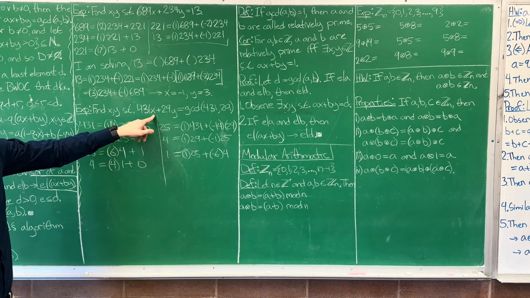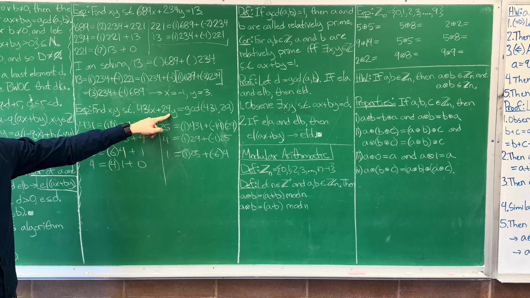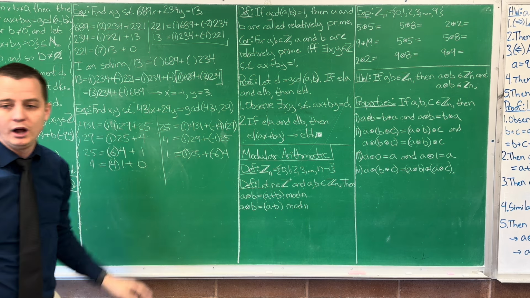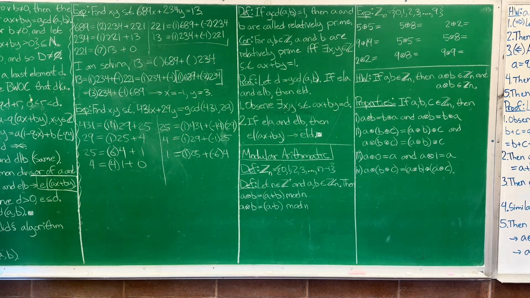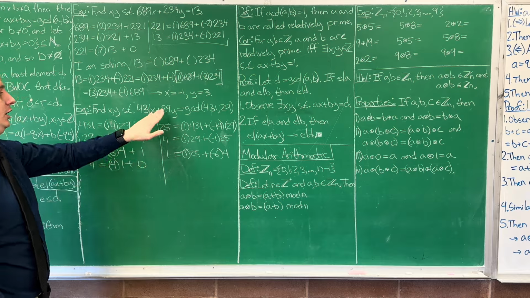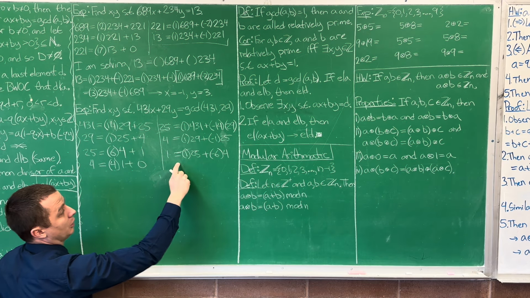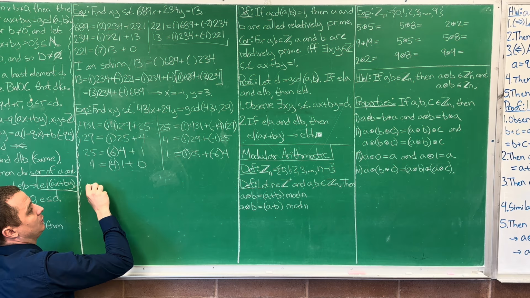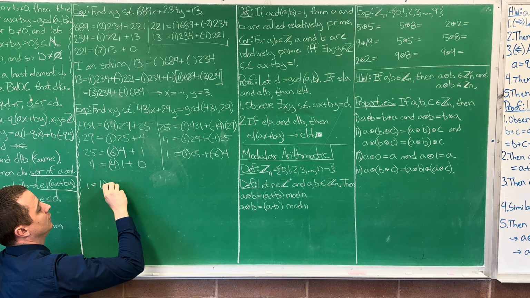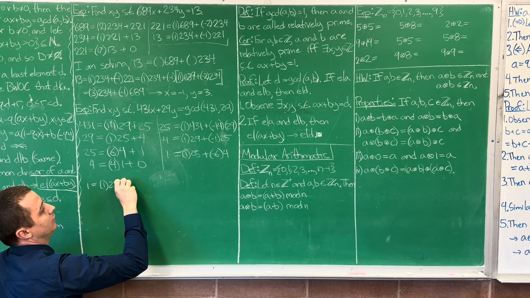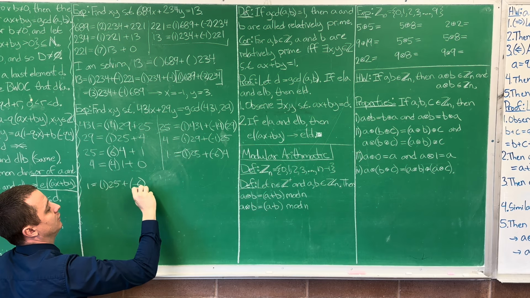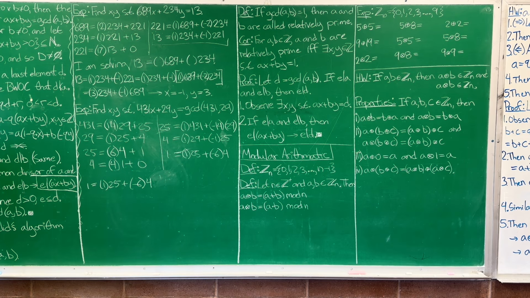So now what is the x and y that makes this equal to 1? How many 431s and how many 29s do I need to make this equal to 1? I need to write 1 in terms of 29s and 431s. Now, I always start with this equation. 1 is equal to 1 25 and negative 6 4s. That's writing it in terms of 4s and 25s.